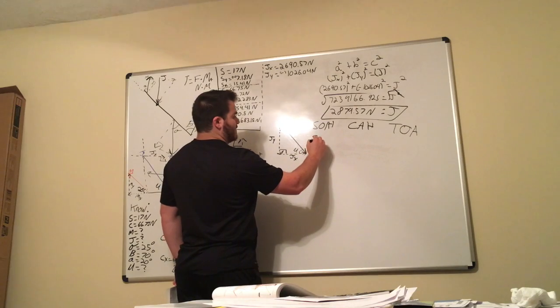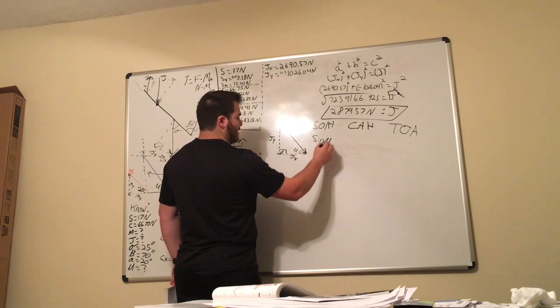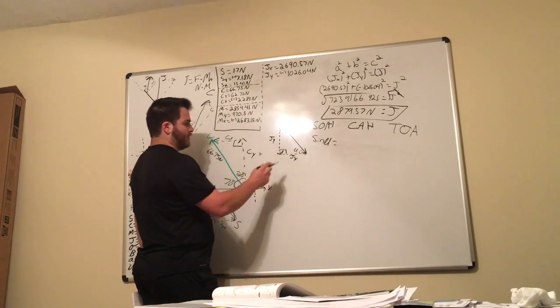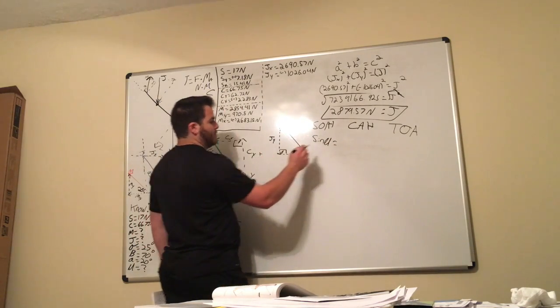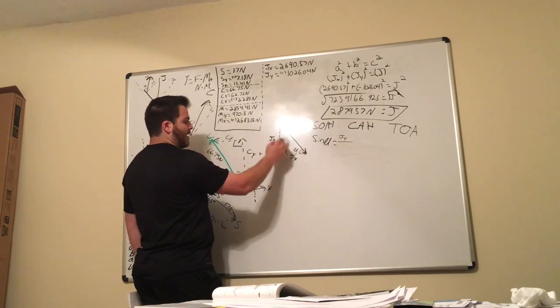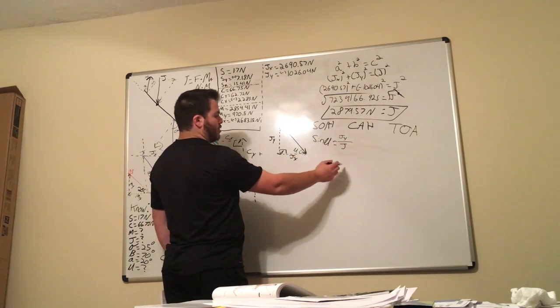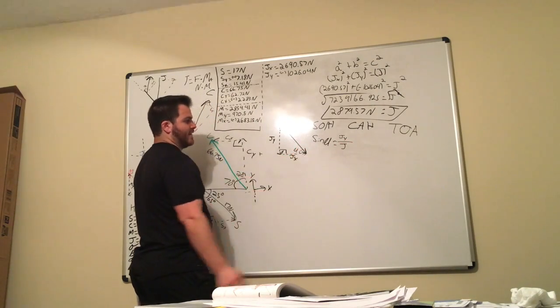So, the sine of mu is equal to your opposite, which is your j of y, divided by your hypotenuse, which is j. You'd find that proportion and you do the inverse of sine to find that answer.